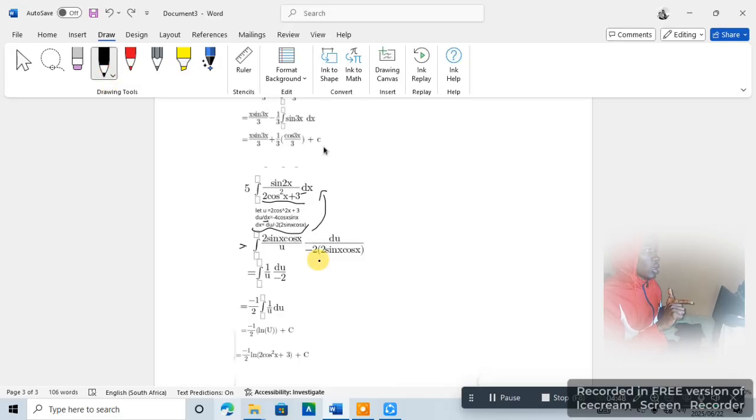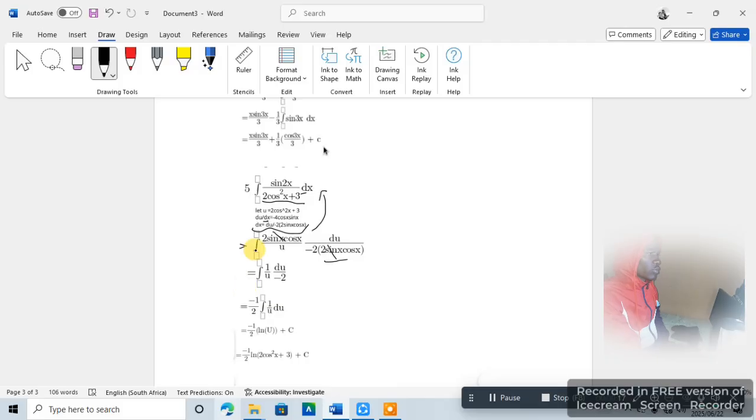The reason being, we see that 2 sine x cos x is the same as 2 sine x cos x. So this is going to cancel with this one.